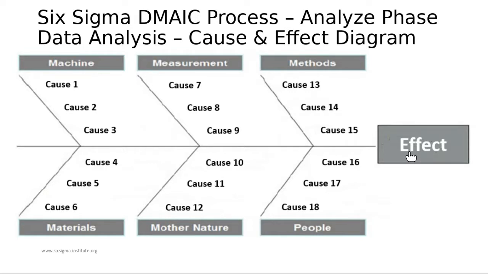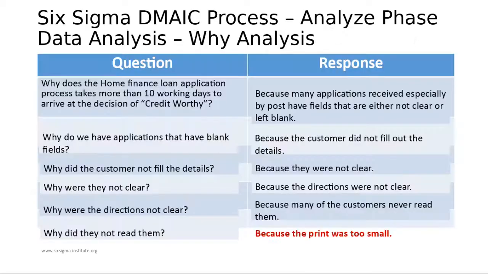Categorizing the causes helps you cluster them in a way that you can dig inside them more to find the reason why those causes appear. To help you with that, another tool is called why analysis. Sometimes they call it 5 whys.